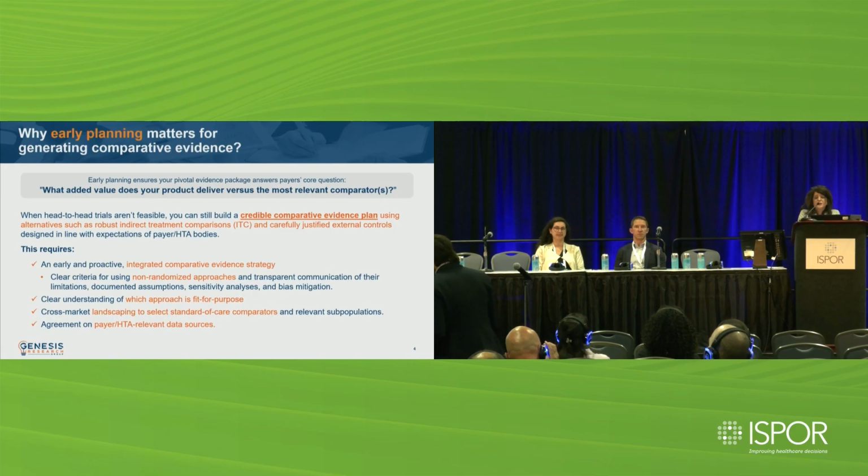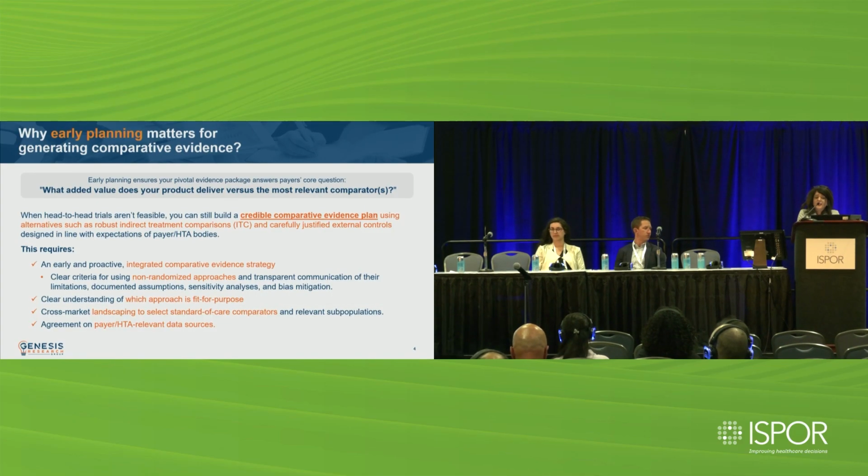You also have to spend a lot of time with your cross-functional matrix partners within the organization to de-risk your strategy, as well as work with external experts, because, like I said, these methodologies are extremely nuanced.